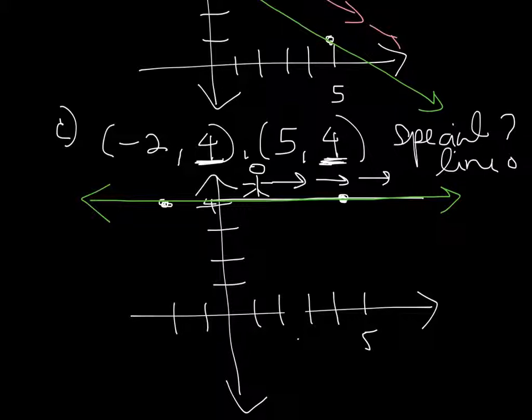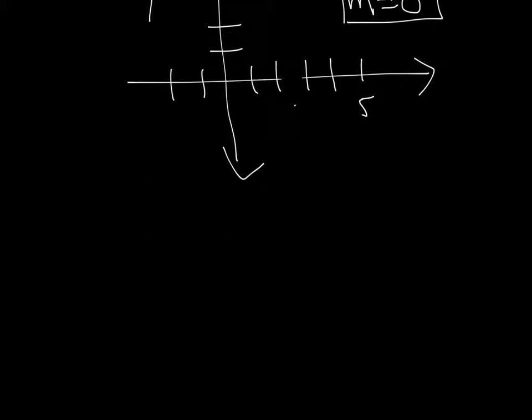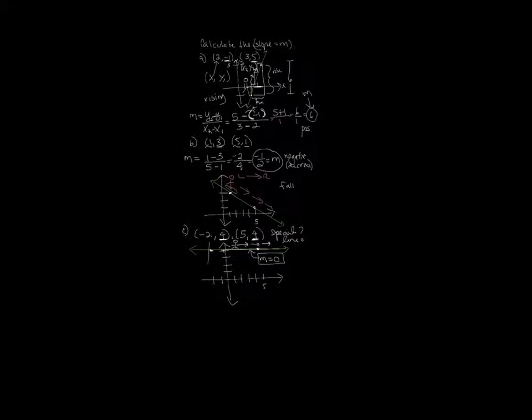You're not changing. So in this case, your slope is 0. You're not moving up or down. So that's it for slope.